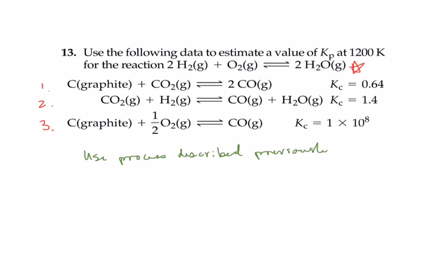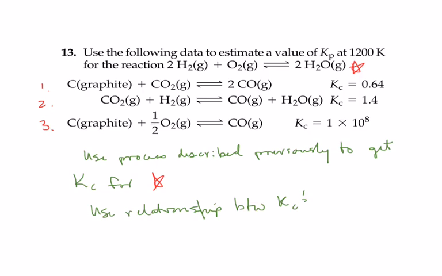Okay, so very similar. And then this one, 3 baby steps. Use a similar process. So in this one, you're supposed to come up with the Kp value, but you're given Kc values.